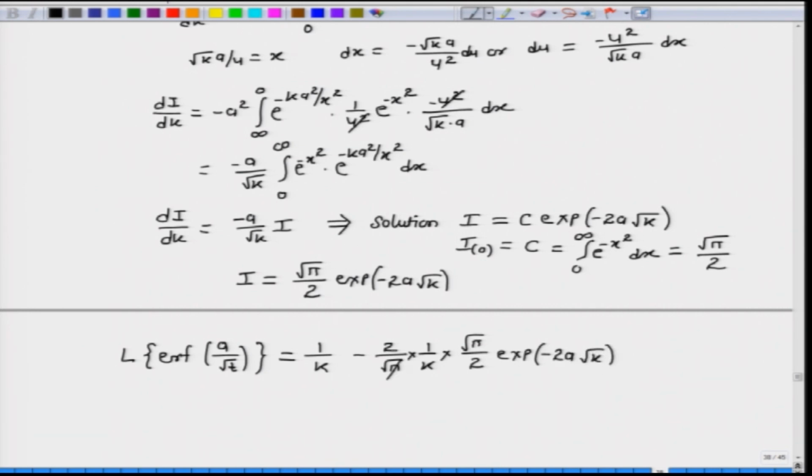So, this root pi by 2 and 2 by root pi will cancel, and we get Laplace transform of error function a by root t should be equal to 1 by k minus 1 by k exponential minus 2a root k.